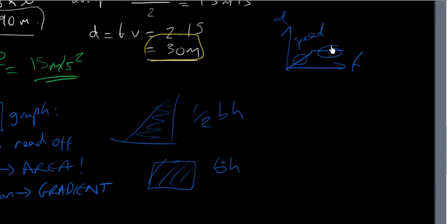And when it's not increasing, it's gradient 0, so speed is 0, because the distance away is not changing. So the gradient in a distance time graph is equal to speed.